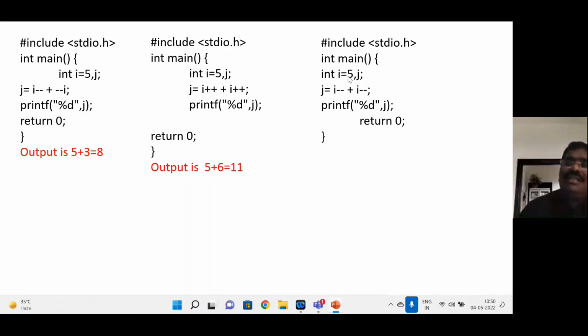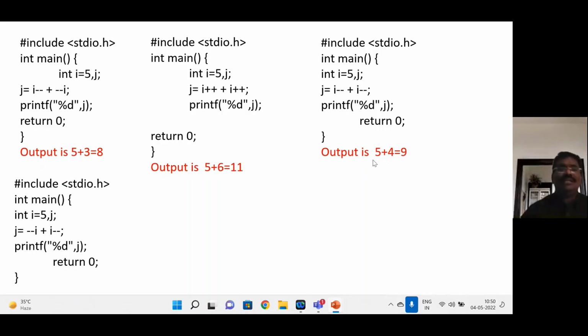So if you take the 5, after that it will be decremented to 4, and 5 plus 4 is equal to 9. I think you understood that.